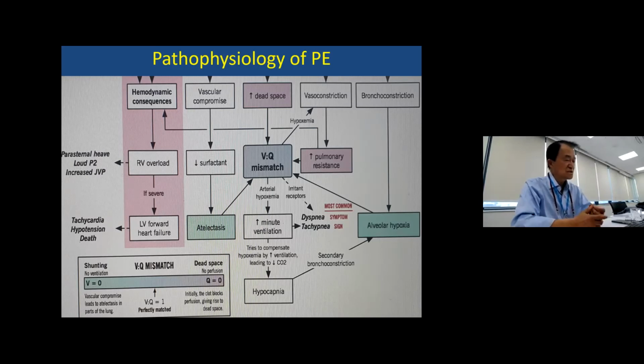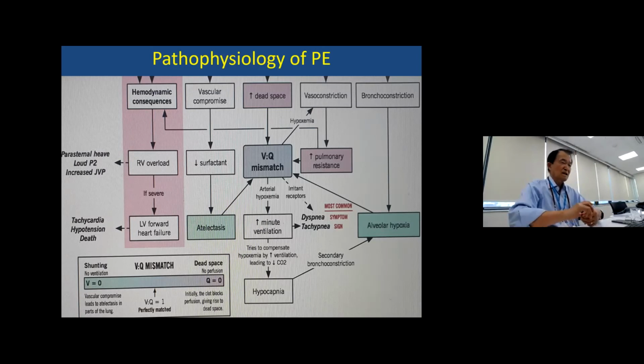So I never use the terminology intermediate or indeterminate. That's a useless study. PIOPED 1, 2, all that's useless in my view, because they all give more likely intermediate, indeterminate probability.